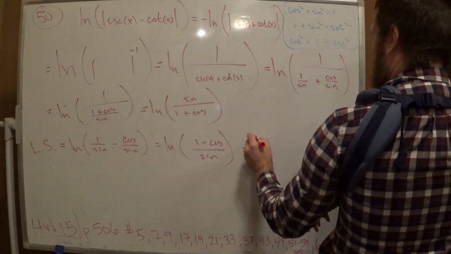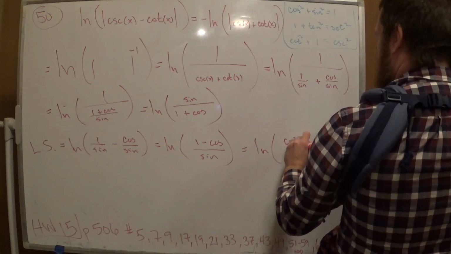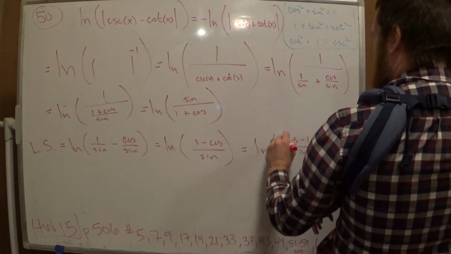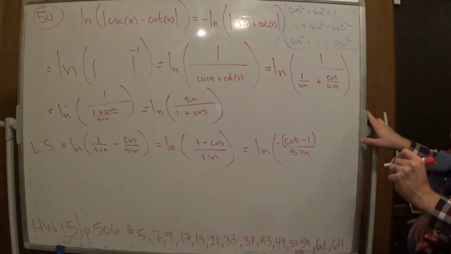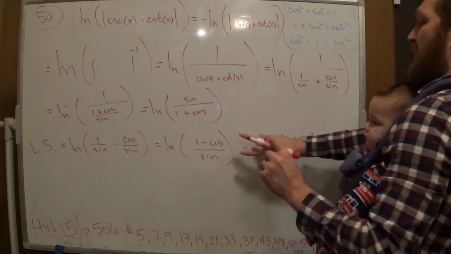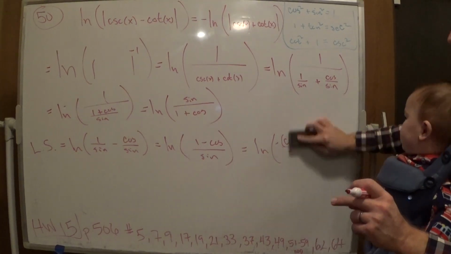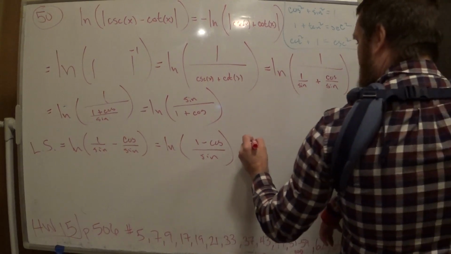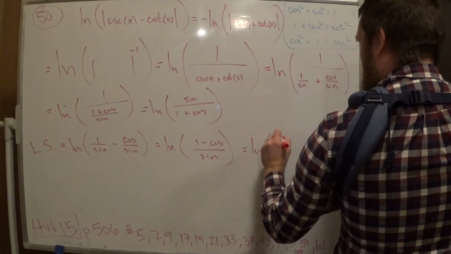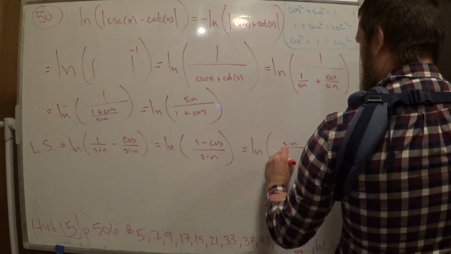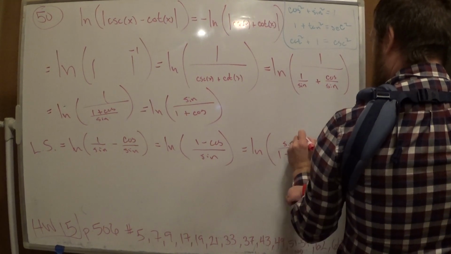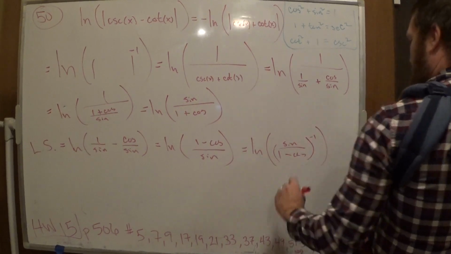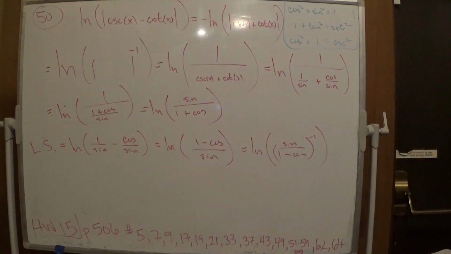Flip it and then have it raised to negative 1. We say sine over 1 minus cosine to the negative 1, like that. Yep. And then what? Pull out the negative 1.